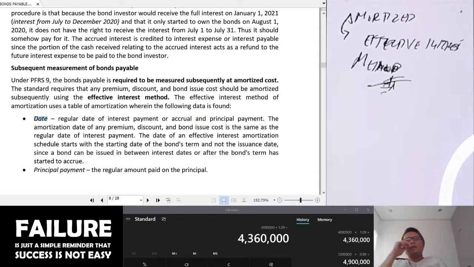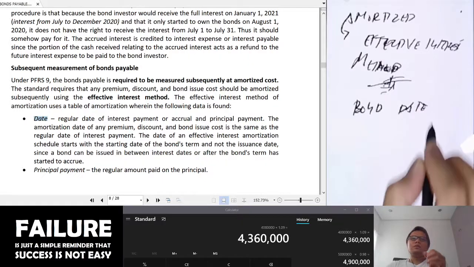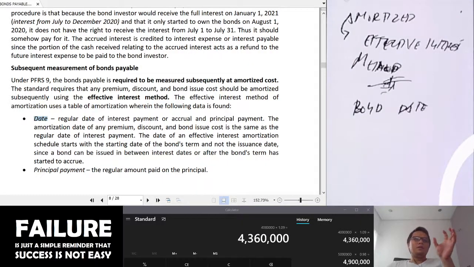Yung date na makikita natin sa effective interest method amortization schedule is number 1, magsisimula siya sa bond date or yung date of the bond. Again ha, date of the bond siya magsisimula and not sa issuance date.